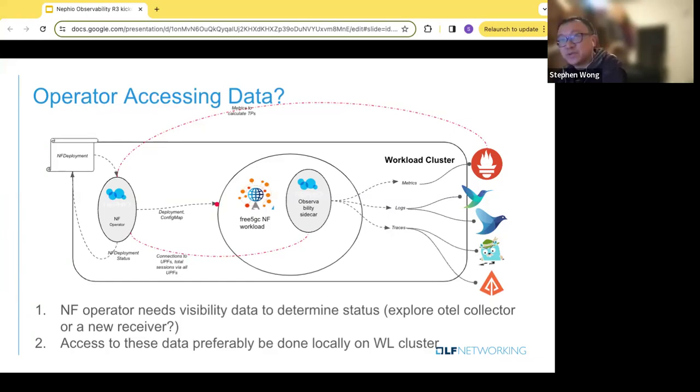That is obviously implementation for the operator, but the operator needs to have data to be able to determine whether or not they're not able to satisfy the intent in this case.